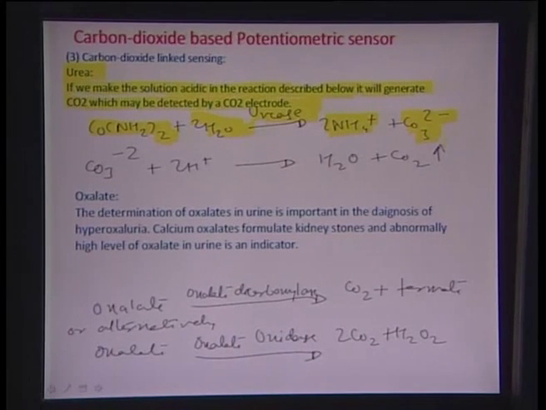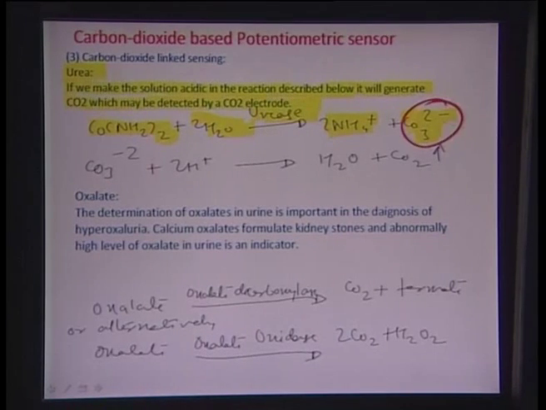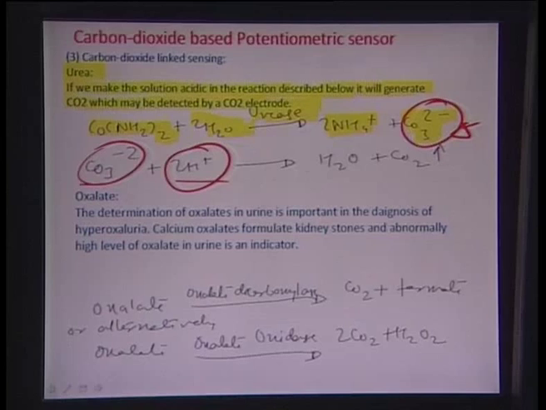So, if I take the CO3 minus 2 component of this reaction instead of the NH4 plus, and then convert it by mixing it with some kind of acidic solution, where you have an excess of hydrogen ion, you get converted into H2O and CO2.